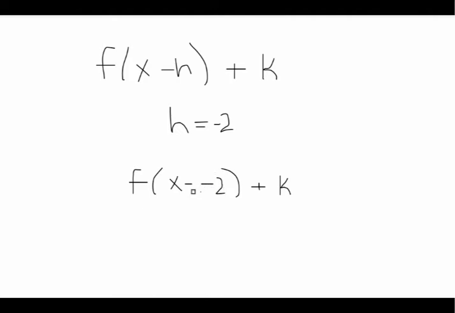The reason is the equation has a minus in it, and my h value is negative 2, so it's minus negative 2. When I have 2 negatives together, we should all know that that turns into a positive. So my equation will actually be f of x plus 2.